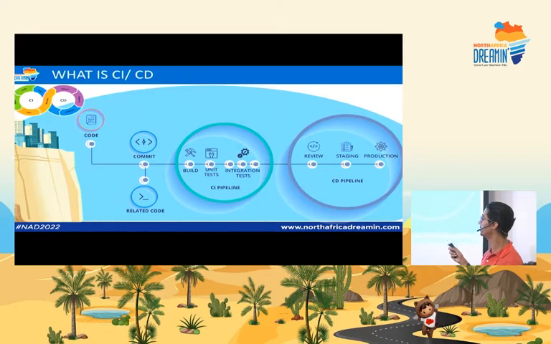And the CD is the continuous delivery or deployment of your metadata that was previously merged into the repository to the next environments, including a set of processes or validations, for instance, the test class execution, the validations in the org, the code quality check, and so on.